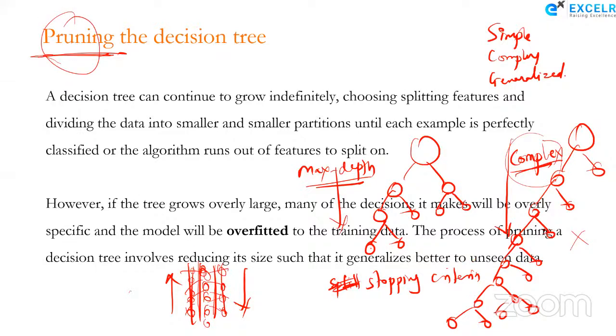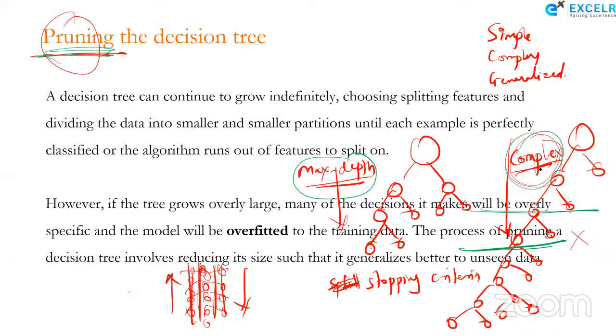So similarly here, in order to avoid the tree from growing too complex, we need to prune the tree, which means that we need to cut the tree. You can cut the tree over here, you can cut the tree over here. So this process of cutting the tree, in order to not make it grow complex, is called pruning the tree. And for pruning the tree, we use this max depth feature to stop the tree from growing further and further.